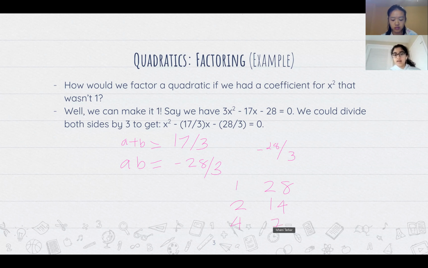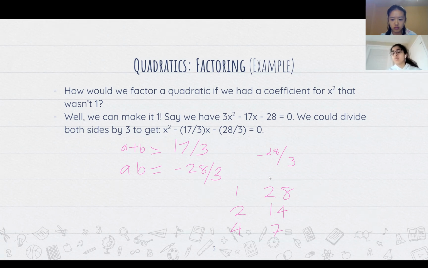And then it could be 1/3 multiplied by 28 or 1 multiplied by 28 thirds, where one of them is negative. Or it could be 2/3 multiplied by 14 or 2 multiplied by 14 thirds, or 4 multiplied by 7 thirds or 4 thirds multiplied by 7.